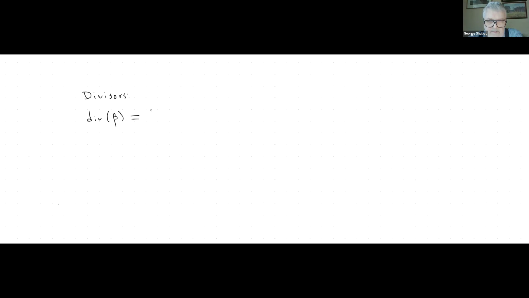So the divisor of beta itself is the sum of zeros denoted like this. Alpha is the number of zeros, and gamma is the number of poles.